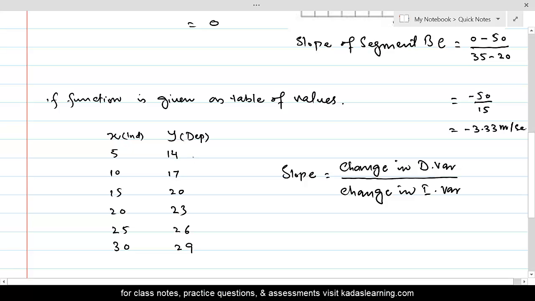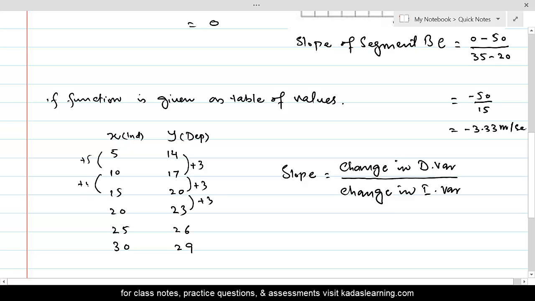So let's see how y is changing. While moving from 14 to 17, there is a change of +3, and this +3 is the change throughout. For equal changes, x is also +5, and if values of x or y were decreasing, we would write minus instead of plus.